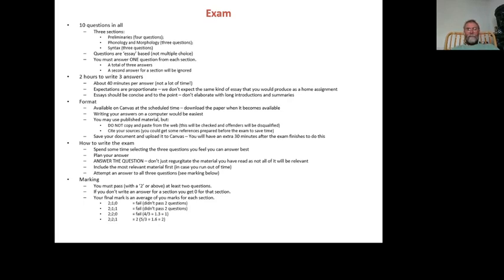Now, in the exam, you have to answer 1 question from each section. So you don't have to answer all 10 questions, but you must select 1 from each section. Therefore, you will write a total of 3 answers.